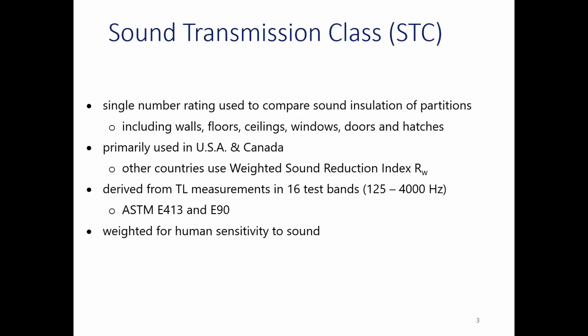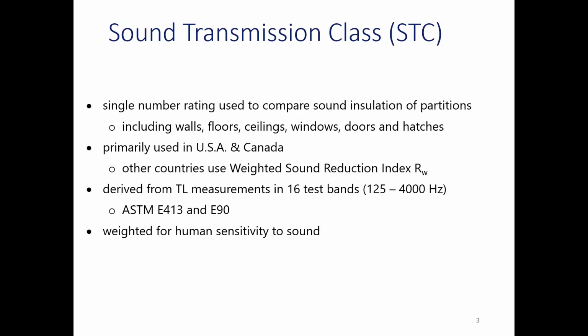This STC is primarily used in the USA and Canada. Other countries use the weighted sound reduction index, which is the R with a subscript W. It's derived from transmission loss measurements in 16 test bands, so from 125 to 4,000 hertz.